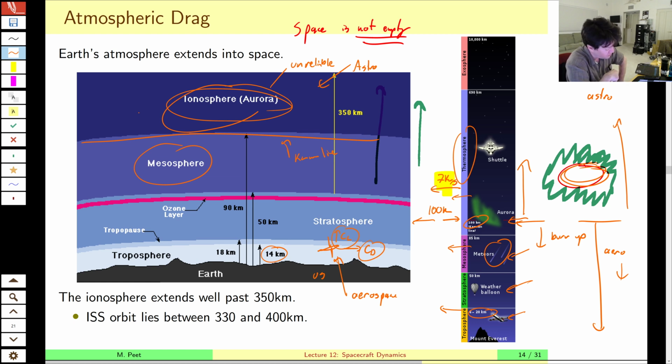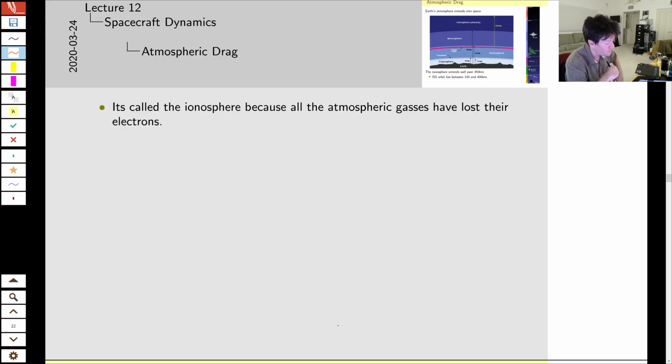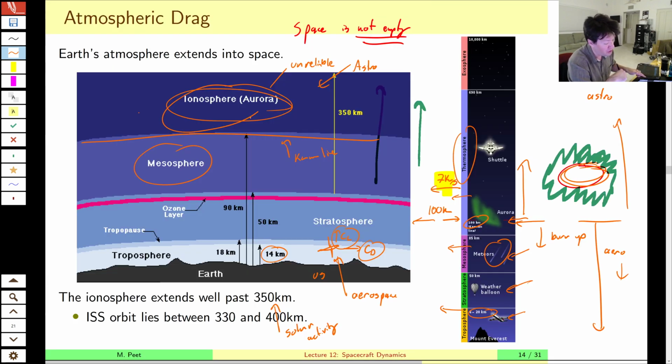It goes well past 350 kilometers and can go much higher, depending on solar activity. We'll talk about that. And of course, it's called the ionosphere because that's the area of the atmosphere at which all the particles get ionized. Radiation ionizes these particles.